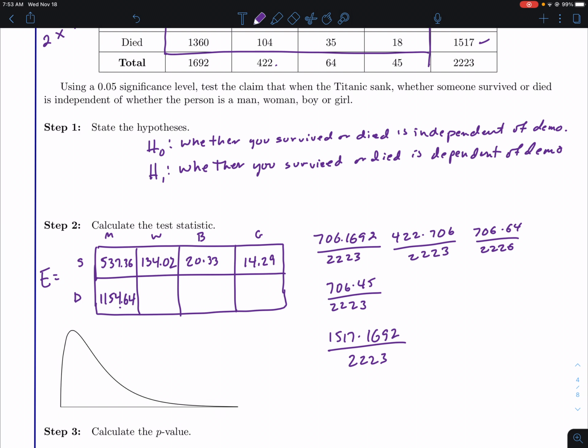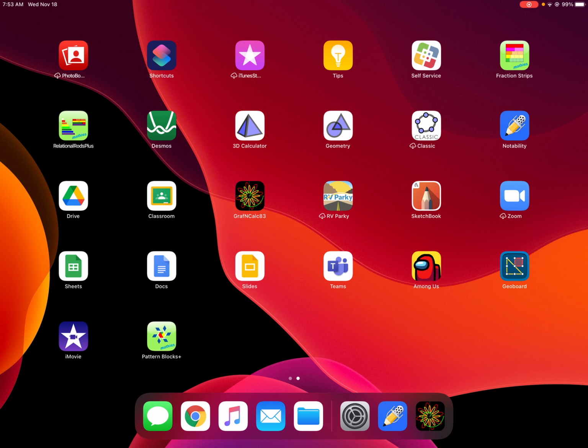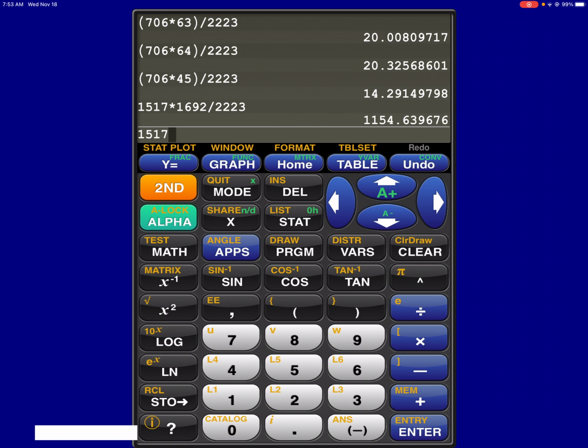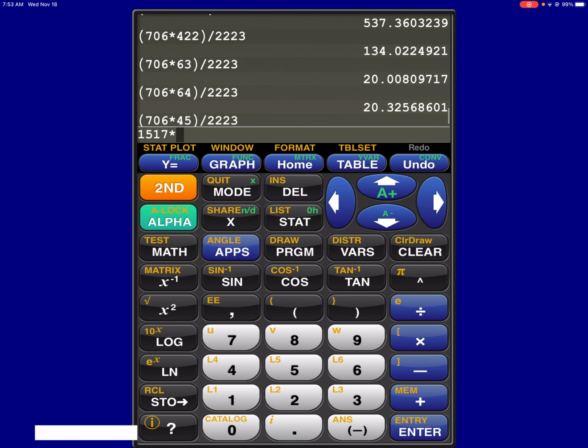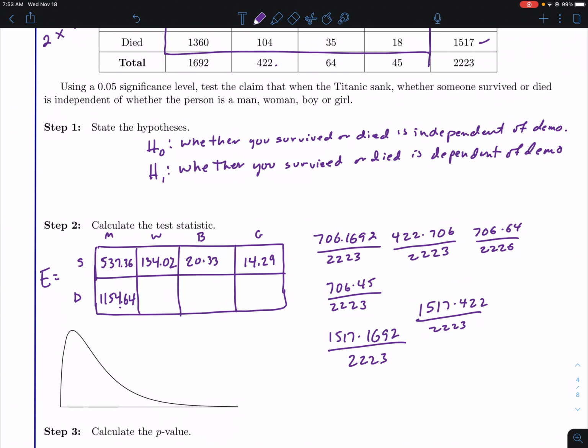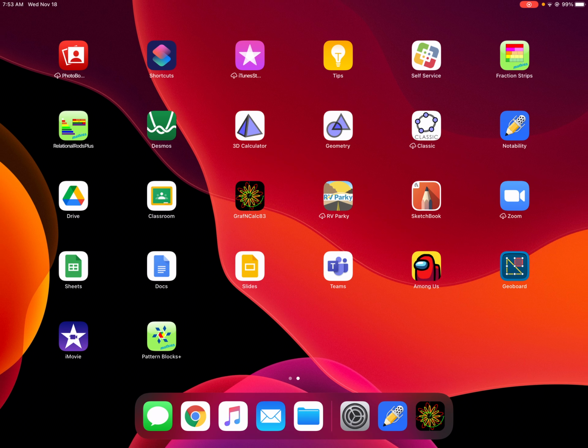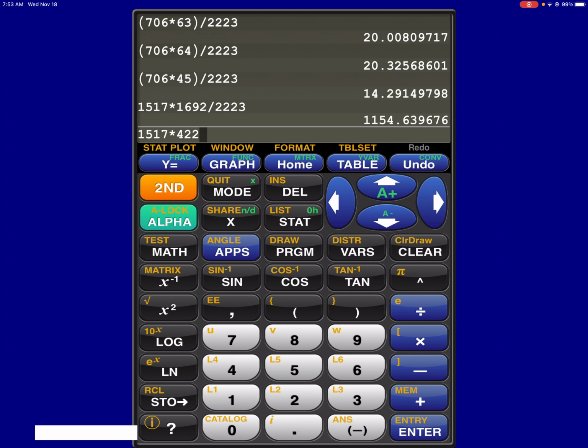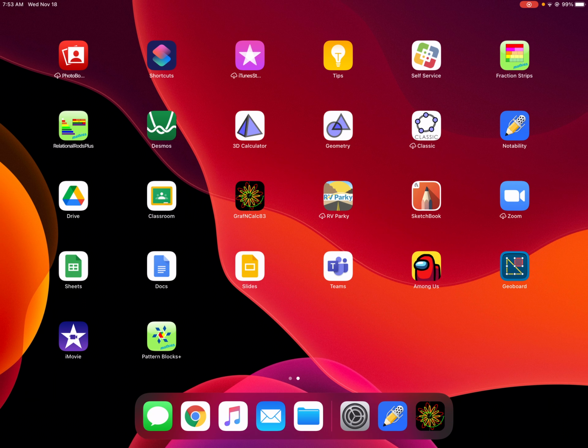And then in the next position, we're going to use the same 1517, but now 422 all over 2223. So 287.98.